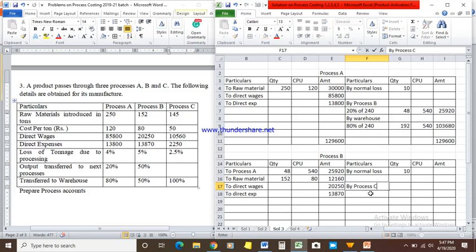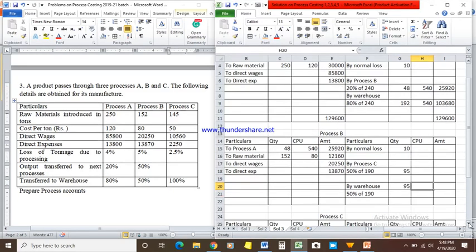So by process C, 50% of 190, because out of 200 tons, 10 tons is a normal loss, so 190 is left out. Similarly by warehouse, that is 50% of 190, 0.50 into 190 tons. Similarly here also it is 95 tons.